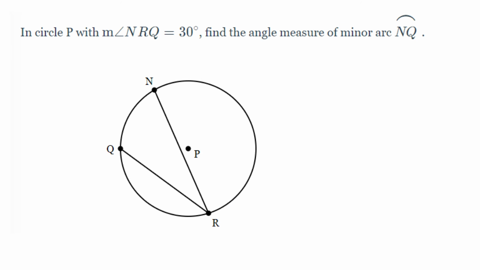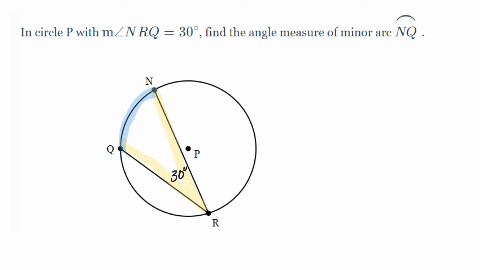So we can take the arc measure and determine the angle, but we can also take the angle measurement. In this case, it says that NRQ is equal to 30 degrees, and we are asked to find the arc length of NQ.